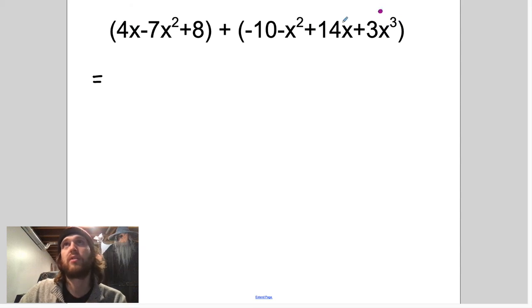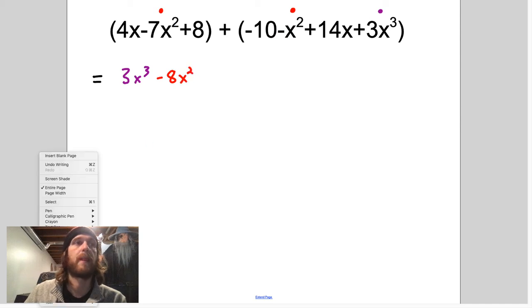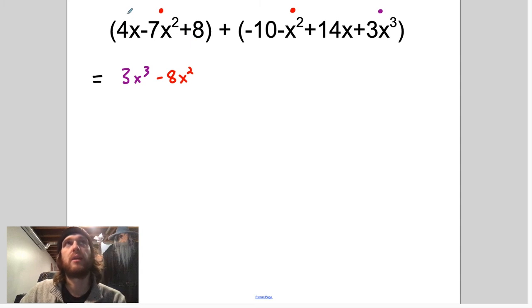There's only one degree 3 term, so that's going to come down. It'll be 3x cubed. In red, degree 2. There are two degree 2 terms, so we'll be able to add those. Negative 7x squared and minus x squared will give me minus 8x squared. Okay, degree 1 coming through, 4x is degree 1 and 14x is degree 1, so that will be plus 18x.